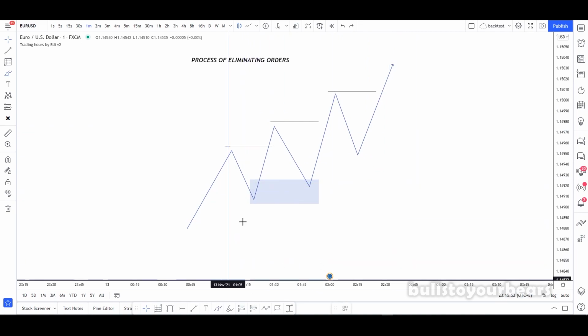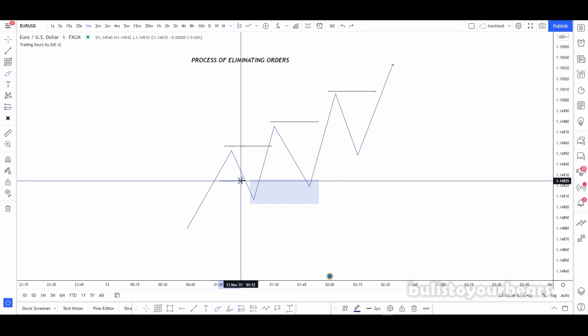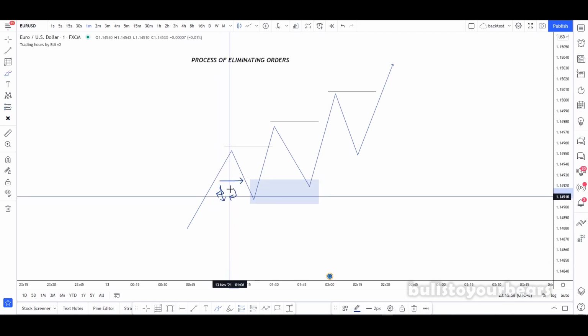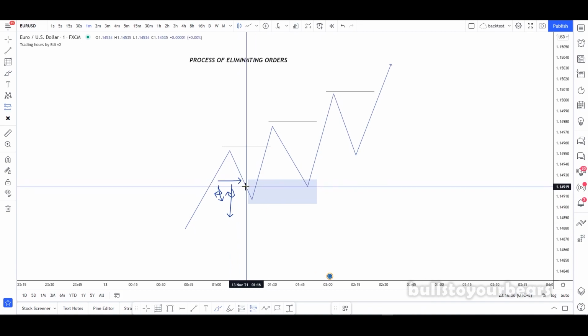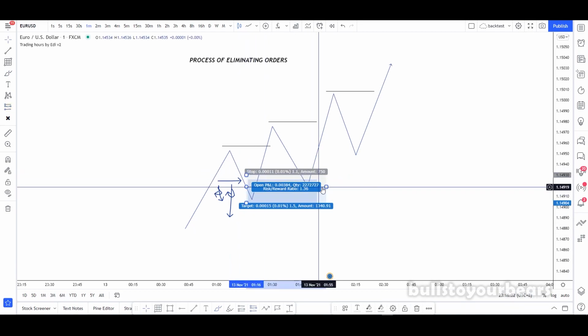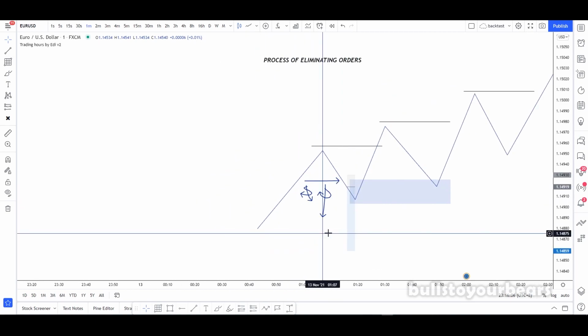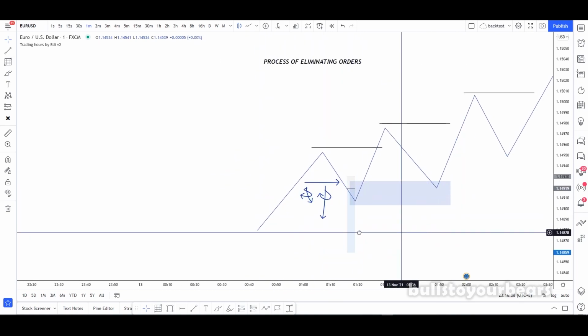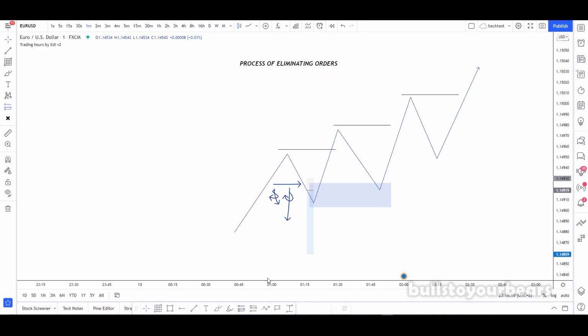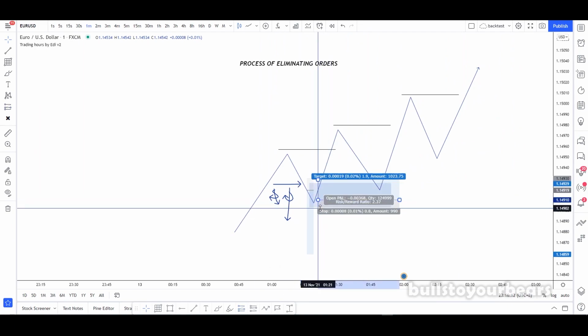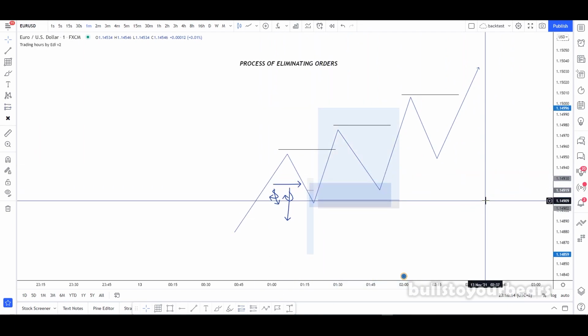This is why banks have to come back. Say there is a bunch of liquidity around here, the banks have to place their sell orders. I'm pretty sure most of you know this, but just for theory's sake, the banks have to place their sell orders here before they can place a buy order to bring the price higher.